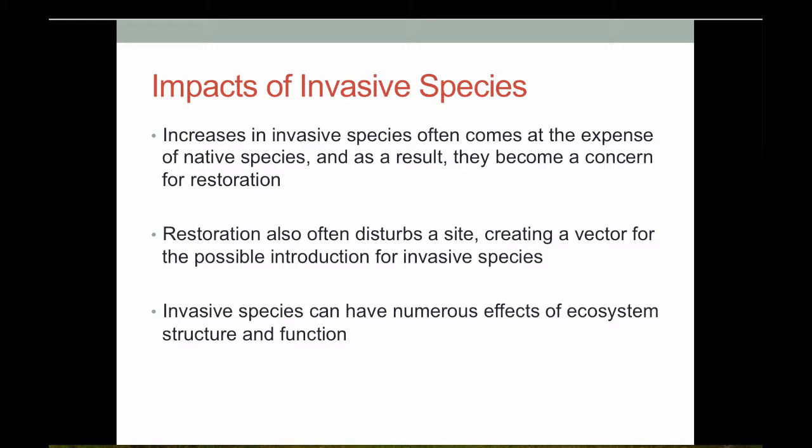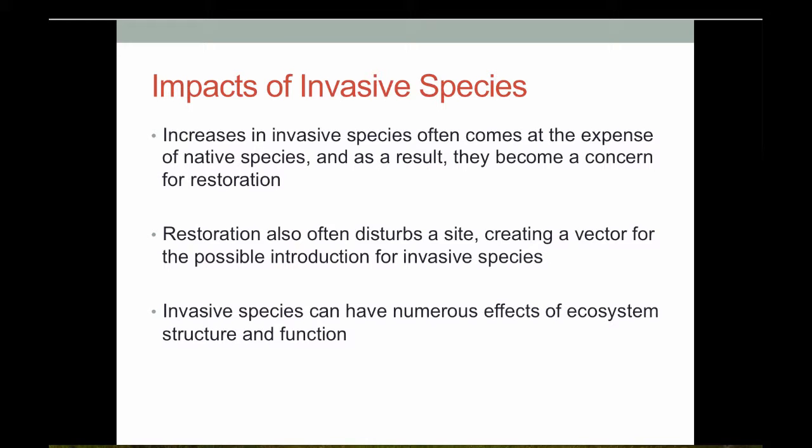And then finally, another reason why you really need to be focused on invasive species is because they can have numerous effects on ecosystem structure and function, many times in ways that you might not even imagine, which is another reason why you need to be up to speed on the best available science as a restoration professional on invasive species so that you do understand these interactions.